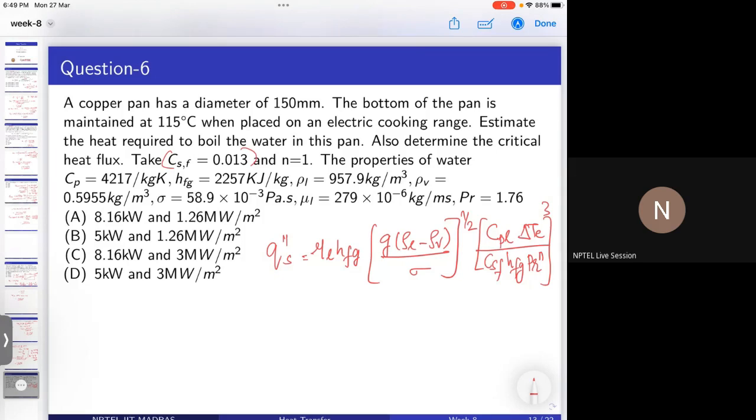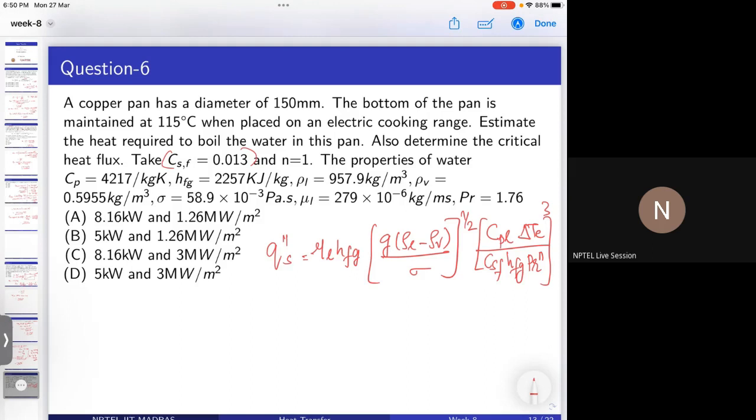For a mechanically polished surface of stainless steel with water, the CSF value is 0.0132. It will usually be given, and the exponent is 1. Like that, this will change depending on the solid surface and fluid combination.